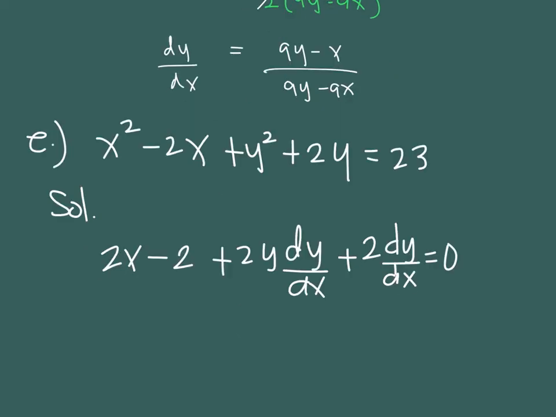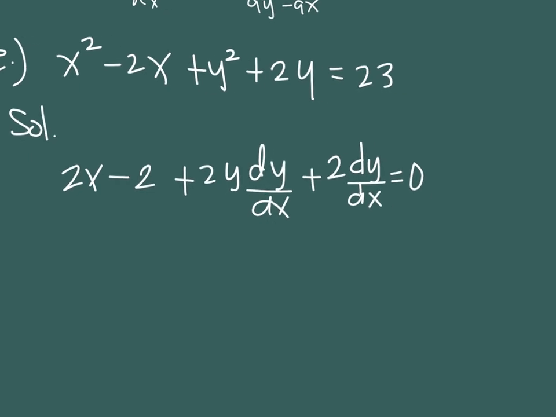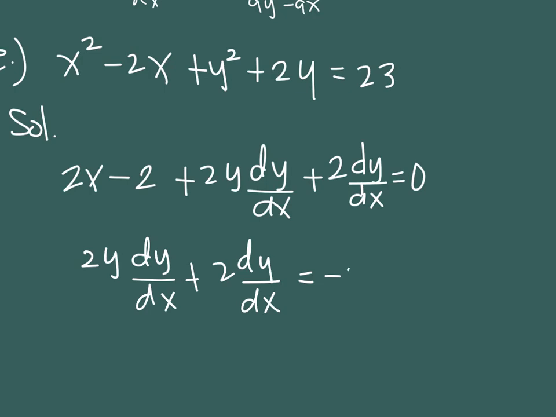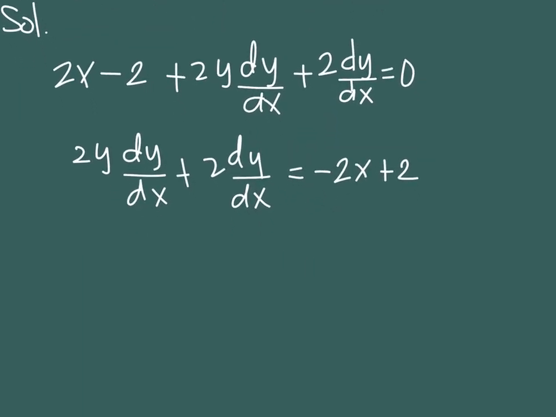Okay, and then isolate. So 2y dy dx plus 2 dy over dx equals negative 2x plus 2. Tama? And then factor out dy dx.